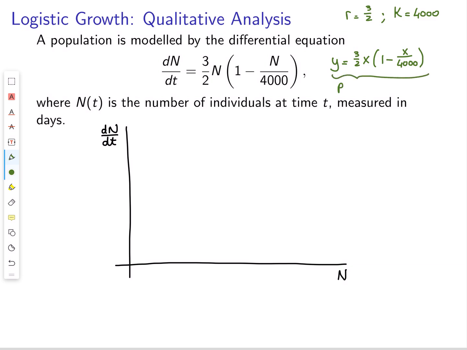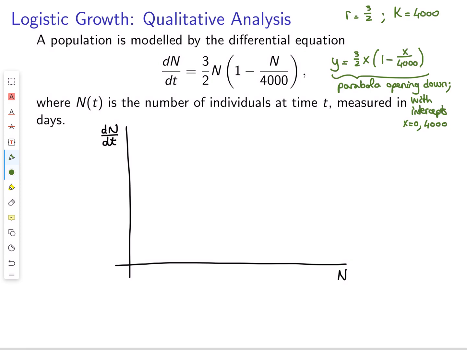So this here is a parabola opening down with intercepts at x equal to 0 and 4,000.